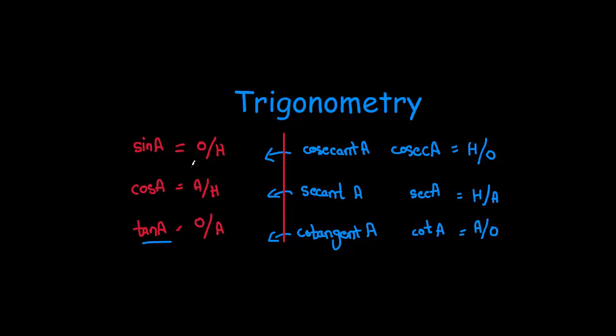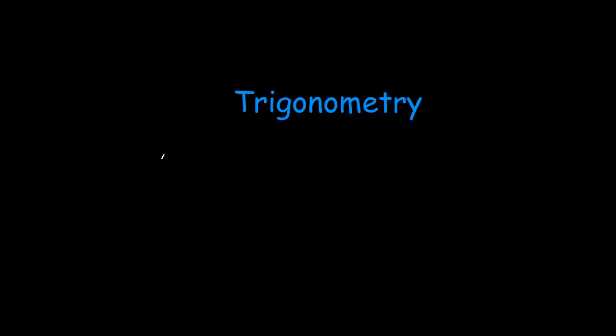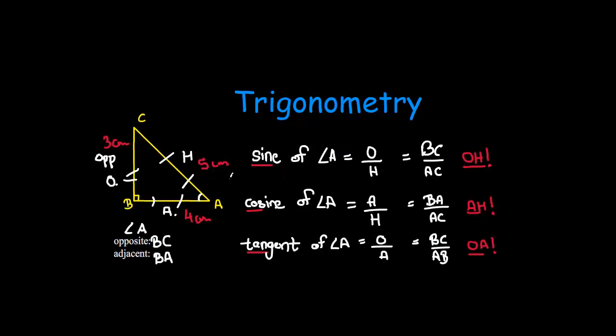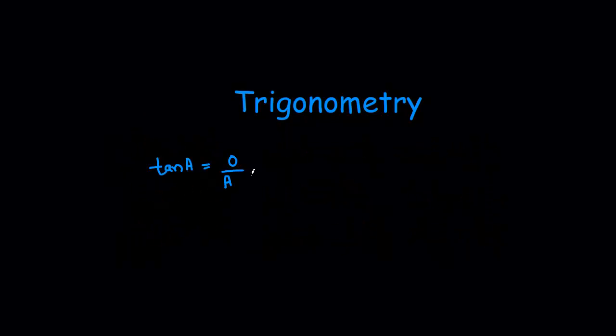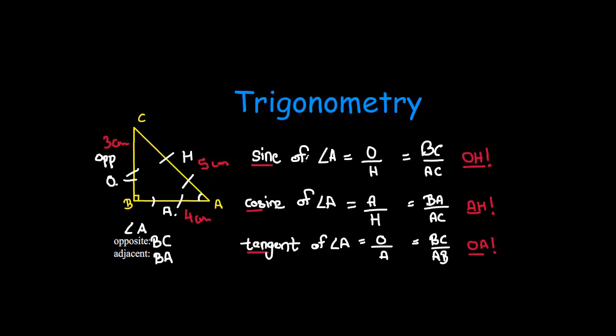Okay. So one more important factor here is that when you look at tan A, right? tan A I wrote as opposite upon adjacent. So I'm just writing O and A here, which I have marked in this figure, O, A and H. So if you see, sin A as we defined here is nothing but BC upon AC, right?